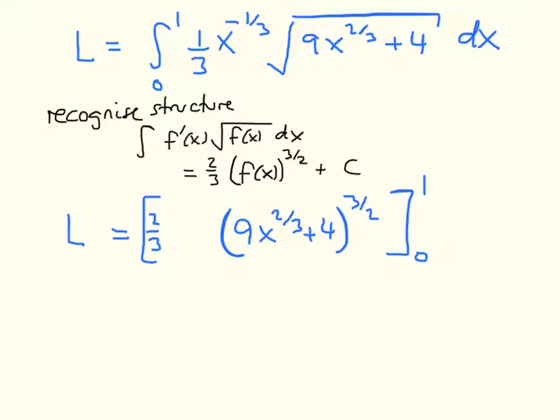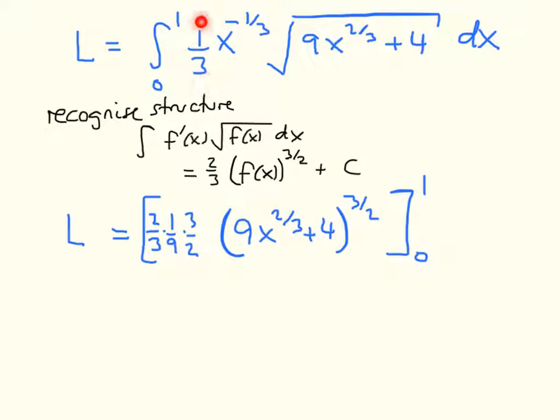But I'm also going to get, as I say, a factor of 9 that I don't want, and a factor of 2/3 that I also don't want. So I'm going to put a 1 over 9, a 1 over 2/3, but that is 3/2. And now, if I differentiate this, I would get 1 times x to the minus a third times this square root.